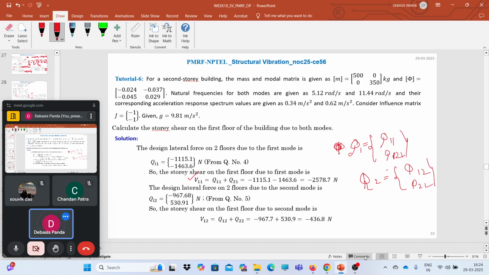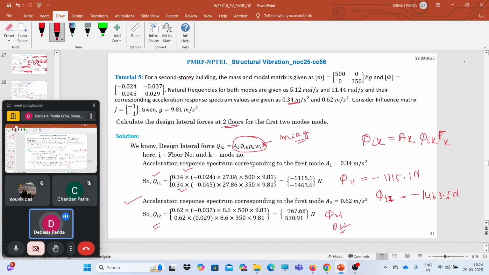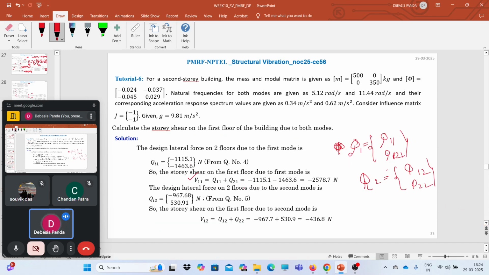Now, from the previous example, we have already calculated the design lateral forces. That means we have these two values Q1 and Q2. That means Q11 and Q22, we just need to add them. So the Storey shear will be Q11 plus Q22. And again, for the second, it will be Q12 and Q22.